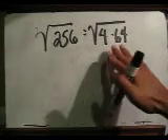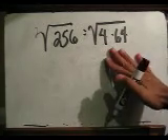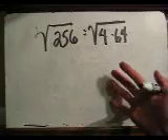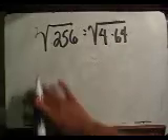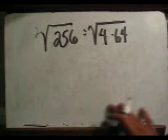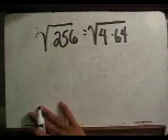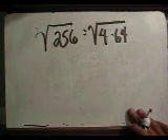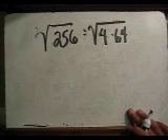Now, what I like to do while I'm working this, sometimes up at the top of my page or at the bottom, is list out perfect squares, starting with 2.